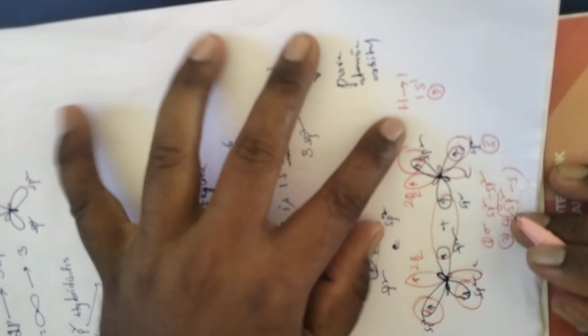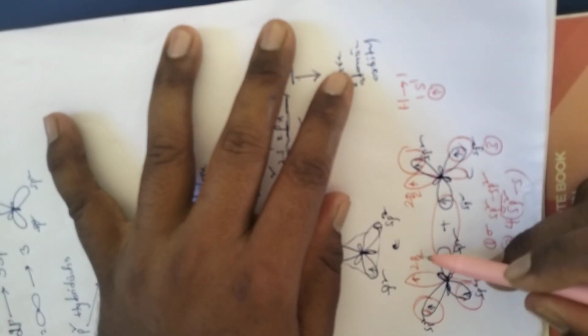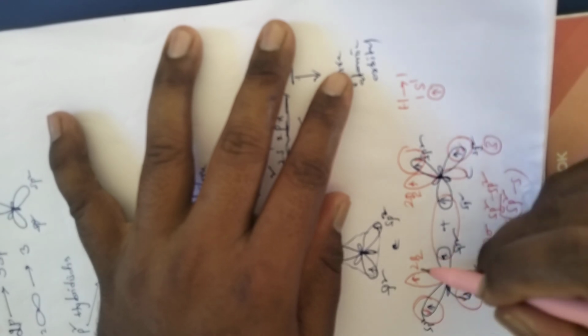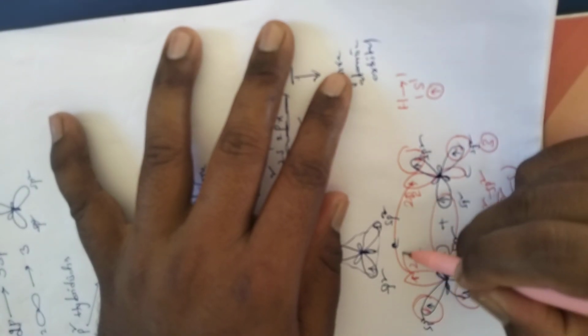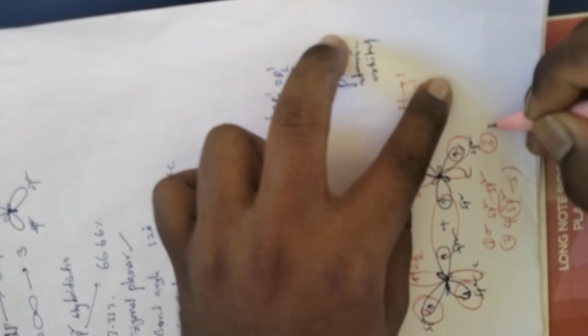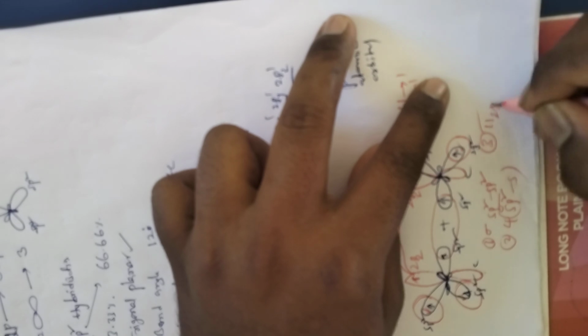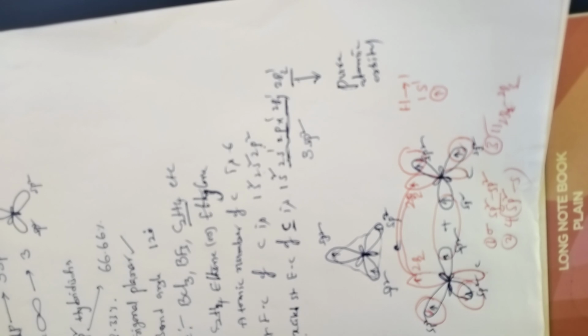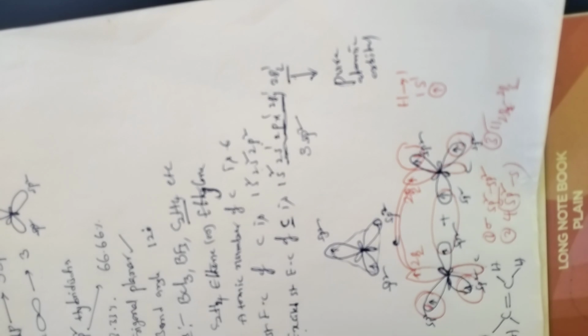The third point is that the 2pz orbital of one carbon atom sidewise overlaps with the 2pz orbital of another carbon atom to form a pi bond. That's why between carbon and carbon there is 1 sigma bond and 1 pi bond, and between carbon and hydrogen, sigma bonds are formed.